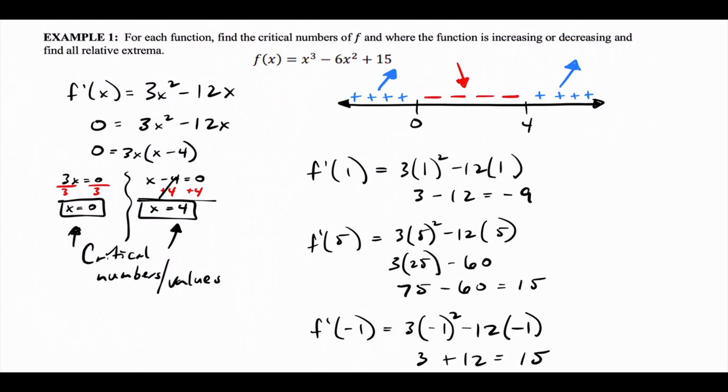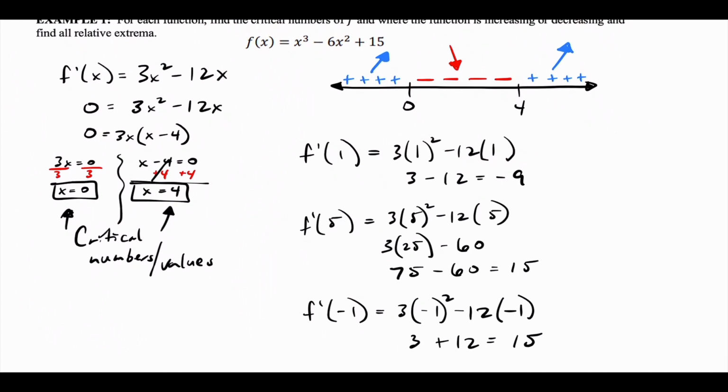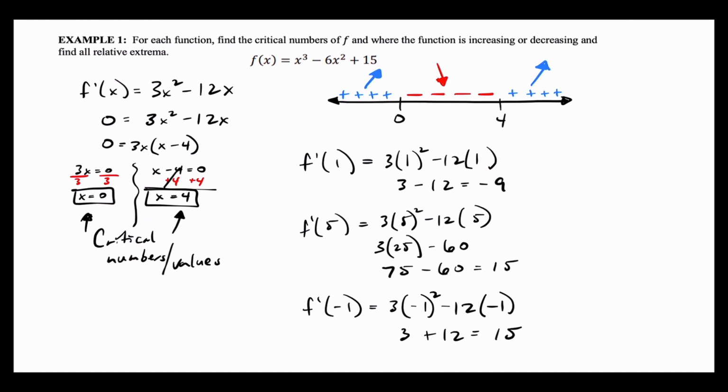Okay? Okay. So now that I know that, I have to write where it is increasing and where it is decreasing. So let me draw that here. Increasing. So where was it increasing? From where to where? Yeah, so the first one is negative infinity to 0.